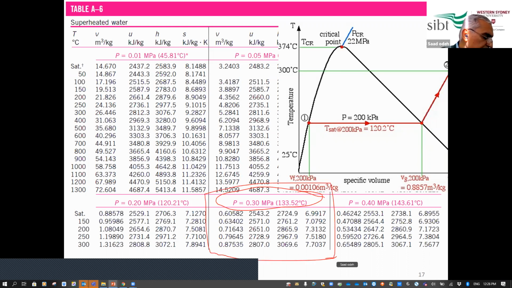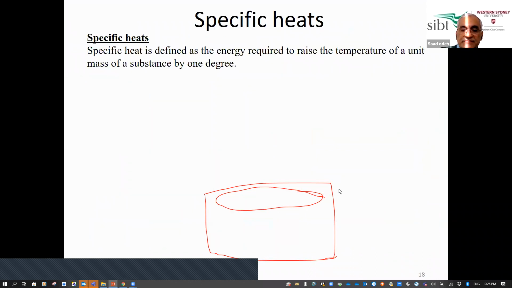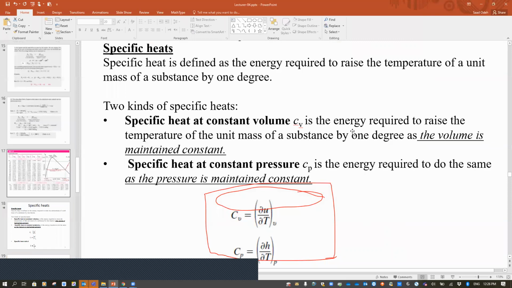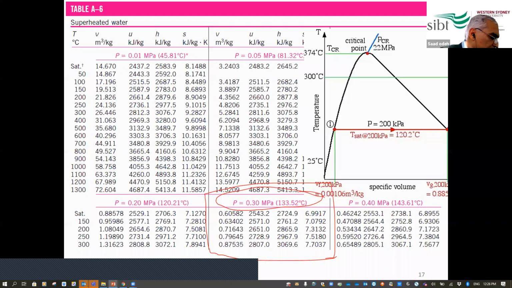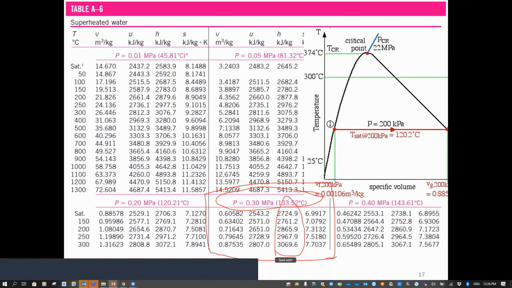Now, if I know the enthalpy value, which is this one here, 2865, let me take it back again. So if I know the enthalpy value, which is 2865, follow this column, the third column.